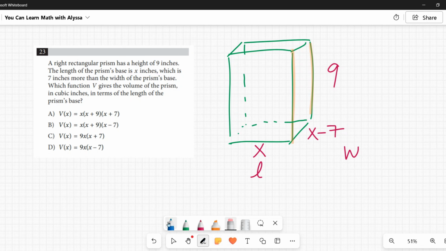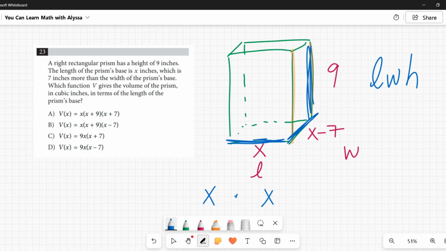That's what that means when they say in terms of the length. Just use the x. Okay, now volume. The volume of a rectangular prism is length times width times height. So this times this times this. That's x times x minus 7 times 9.